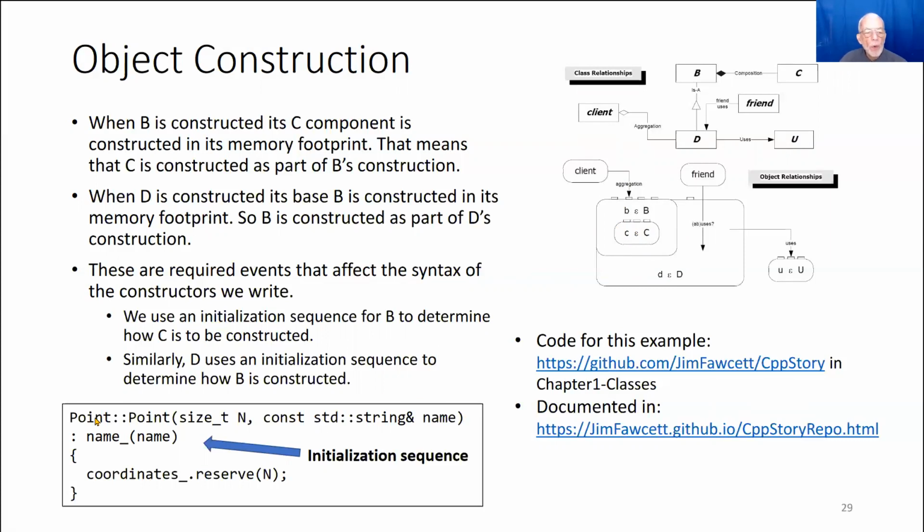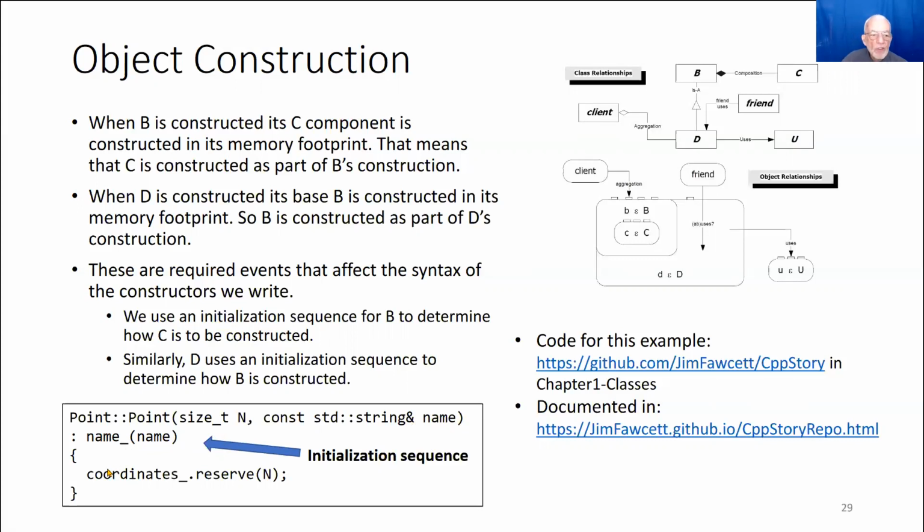For the point class we looked at back when we were looking at classes, the point constructor uses an initialization sequence for its data member name, and it just passes in the name. Very often constructors may be nothing more than a set of initialization sequences with an empty body.